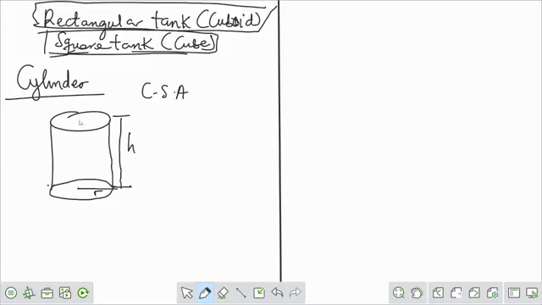In a cylinder we normally have a curved surface, but in a rectangular cuboid or cube, there's nothing like a curved surface area. That's why for a cylinder we have the curved surface area, and the cross sectional area is just pi r square.